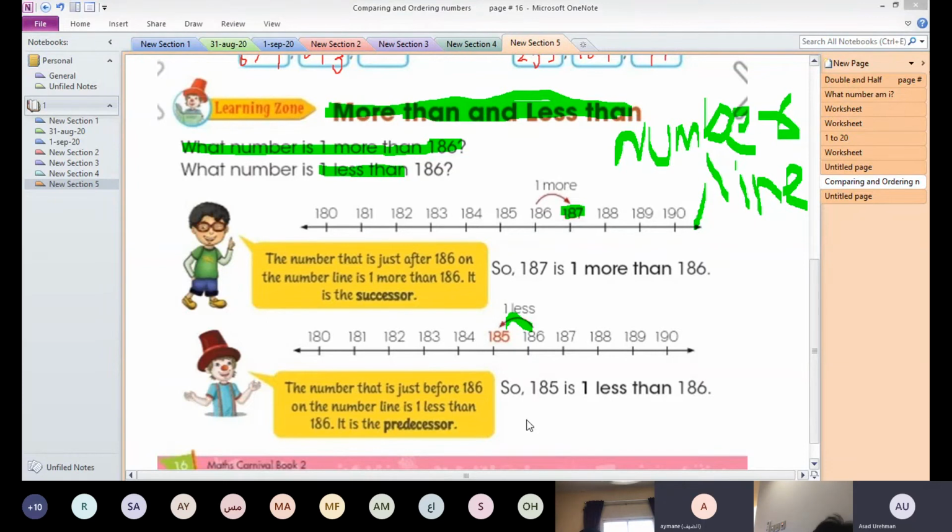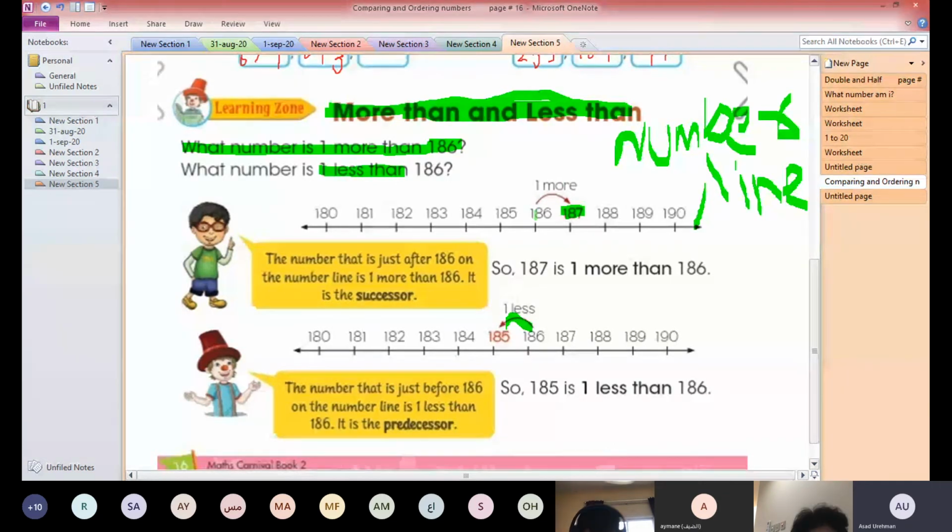Okay guys, so what I'm explaining, when you talk about one more than, you will see one number after this 186. They are talking about one more than 186, so you will see what comes after 186, because they are asking one more.